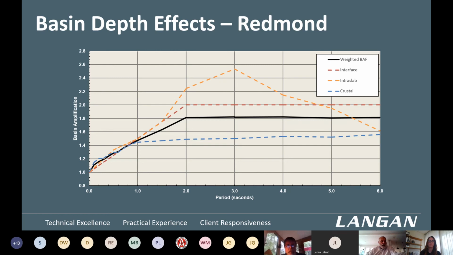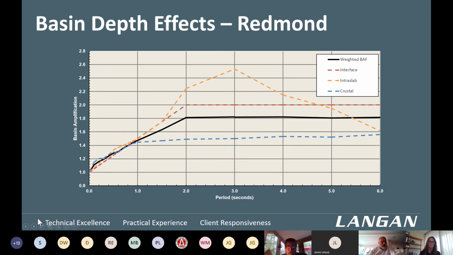But when we do site-specific, we look at the contribution of these different types of earthquakes to the overall hazard that we are computing, and we use a weighted average of these different basin depth effects. In this case, you can see for shorter periods there is no amplification.